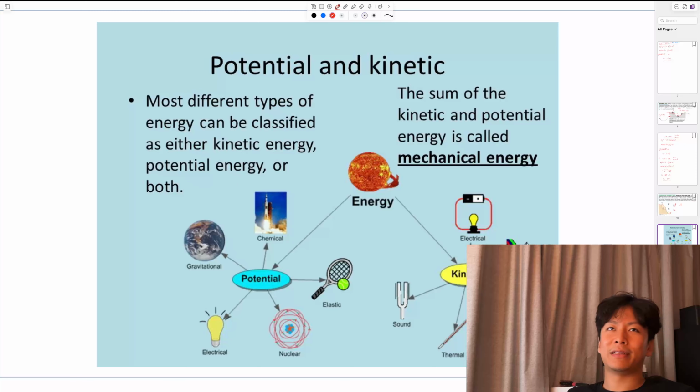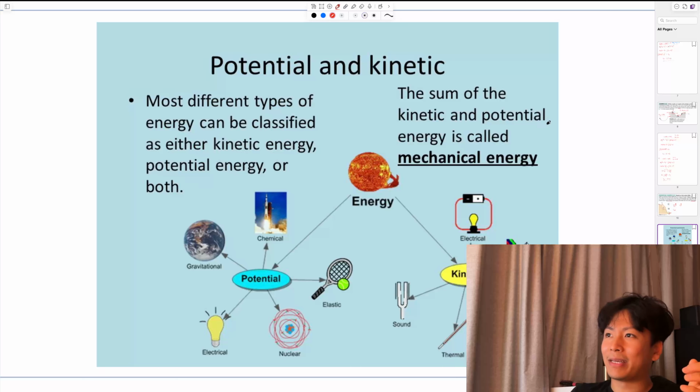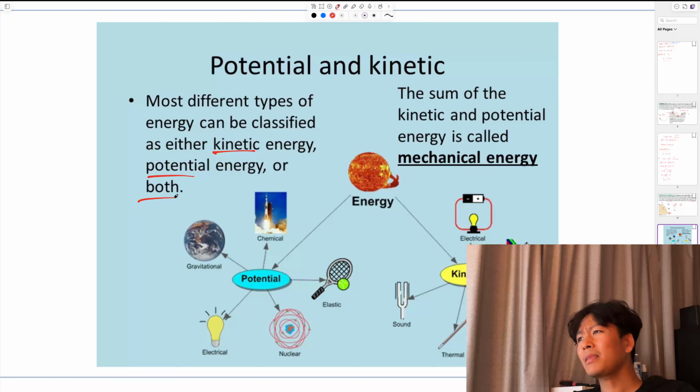There are many other energies that you've probably heard of, especially in your junior years of science, things like electrical energy, nuclear energy, thermal, chemical energy, etc. These other forms of energy can actually be classified into either kinetic or potential, or sometimes both. For example, with electrical, do they mean the electrical current, or the electric potential? It depends on what they mean.